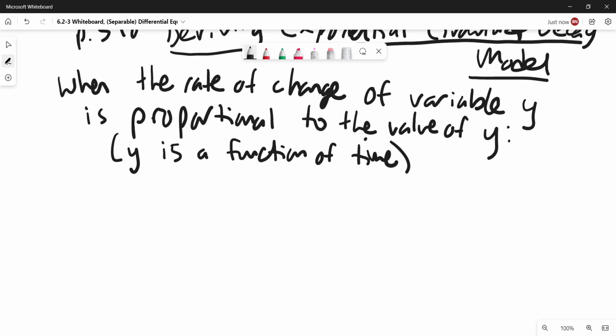Some of the word problems we're going to have in here have to do with radioactive decay. Sometimes the rate of change is negative, so some value is decreasing. For example, example 3 talks about the half-life of plutonium isotope 239.